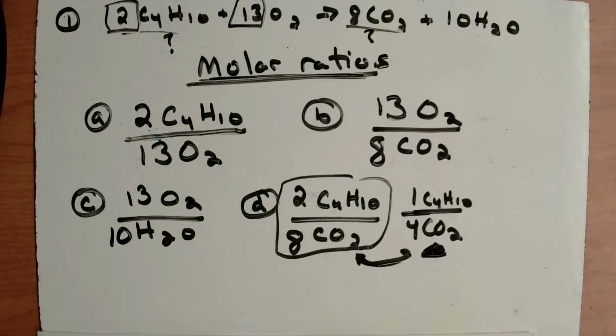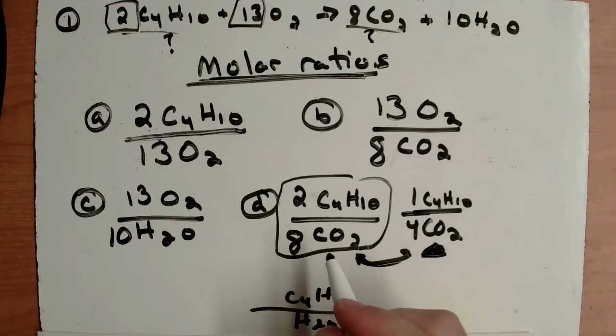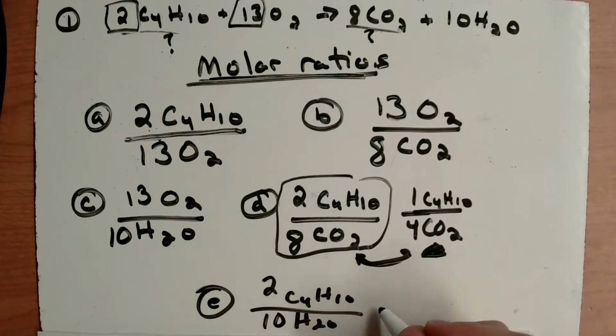The next one, C4H10 for every H2O. So there are 2 C4H10 and H2O is 10. So that was E. So again, this one you could reduce to 1 over 5.